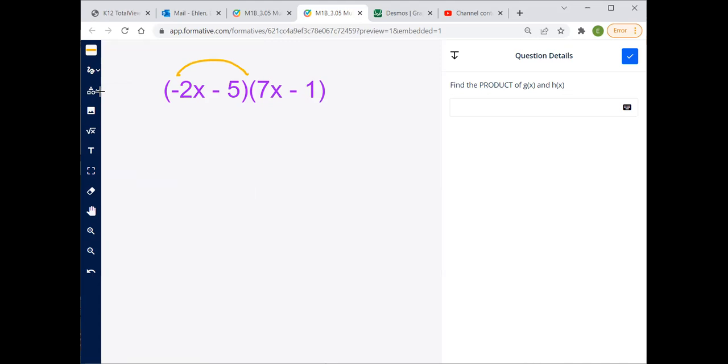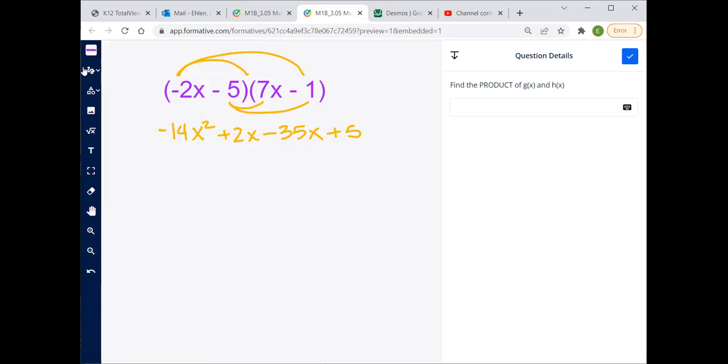So negative 2 times negative 7 is negative 14, and then you have x squared because there's 2 of the x's. Negative 2x times 1 is a positive 2x. Negative 5 times 7 is negative 35. Bring that x along. And negative 1 times negative 5 is a positive 5.